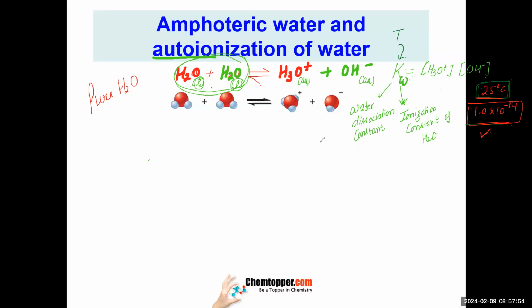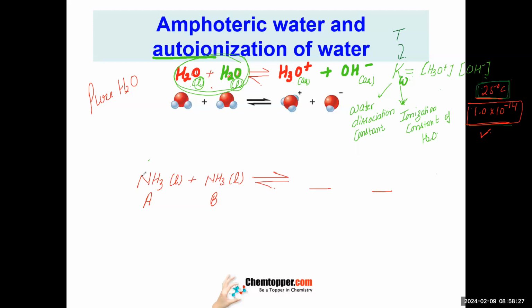Last question, children. Before you leave the class, do this question. The way we have done autoionization of water, there can be a question like this. NH3 liquid, another NH3 liquid undergoing autoionization. One is behaving like an acid, other one is behaving like a base. Can you predict the products?